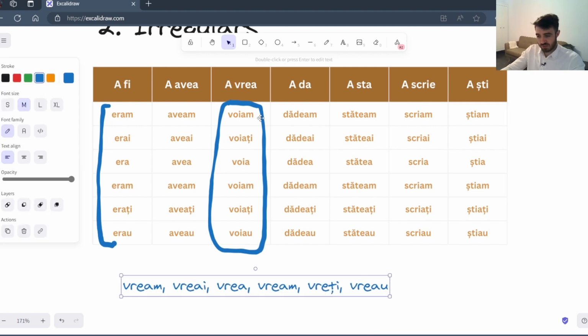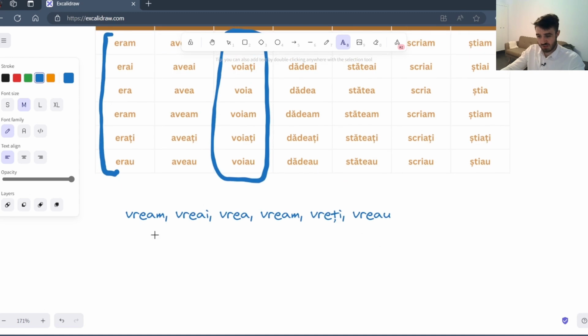This would be the correct imperfect, but very important, many people will actually use, let's use a green, will use the verb a voi, which is very similar to a vrea. It's basically the same, it's to want. But they will commonly use a voi instead of a vrea for the imperfect.